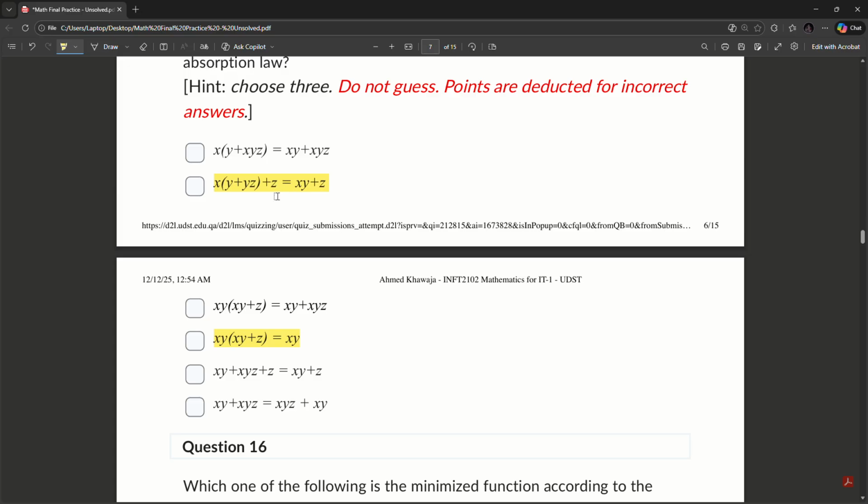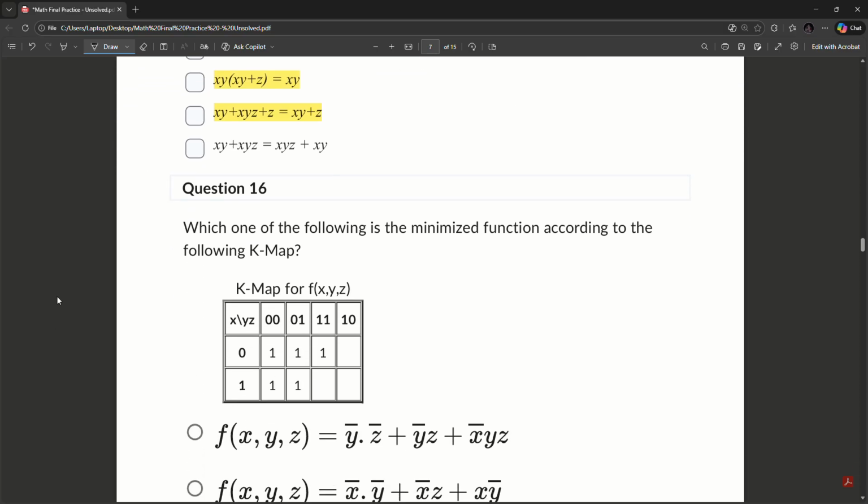So then the last one is xy plus z. I'll try to figure out how the absorption law works, but from what I'm getting, yeah, I don't get the absorption law.